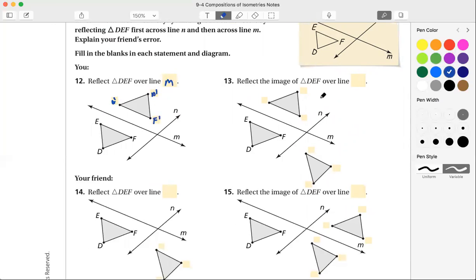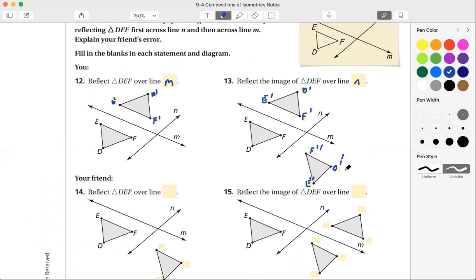Then let's reflect this image over line N. This was E prime from the previous picture, this was D prime, and this was F prime. Then this becomes F prime, this becomes D prime, and this becomes E prime, or double primes, we should say.